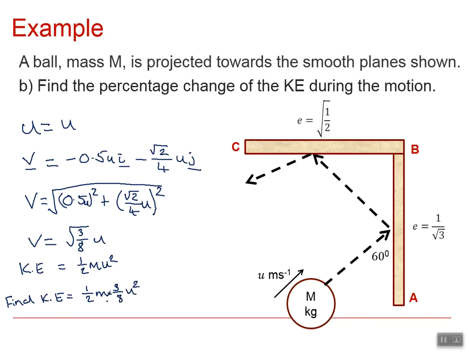And we can see now when we compare these that the final kinetic energy is actually 3/8 of the initial kinetic energy, which means we've had a reduction in kinetic energy of 5/8, which is 62.5%. So we've had a loss of kinetic energy of 62.5%.